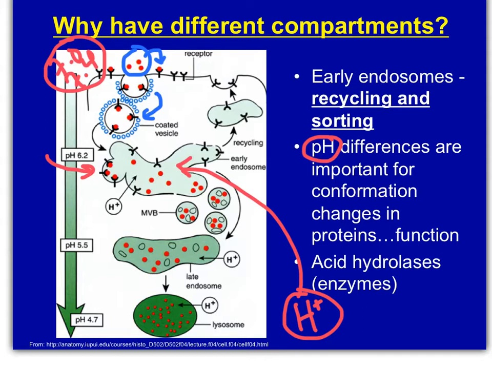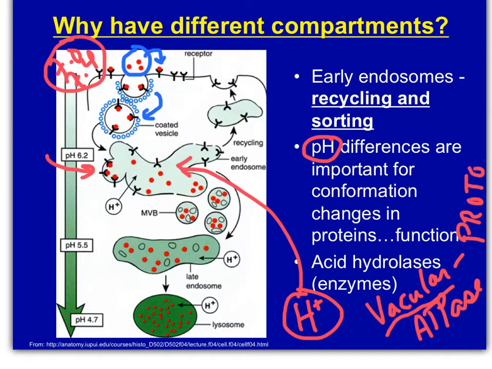Well, you're going to see that there's something called the vacuolar ATPase. All right, and that vacuolar ATPase is a proton pump. And what does a pump mean? Pump means it's going against the gradient and that it requires energy.